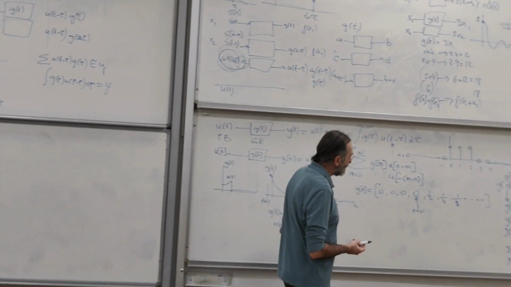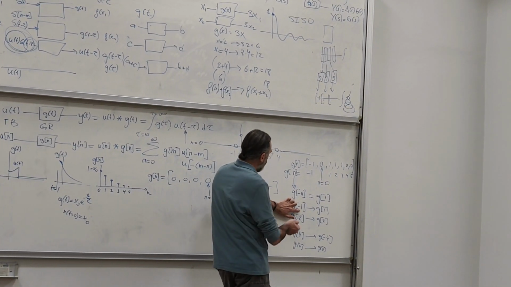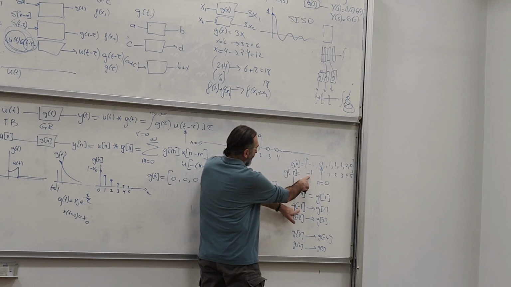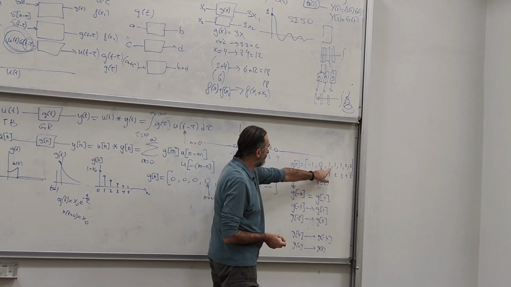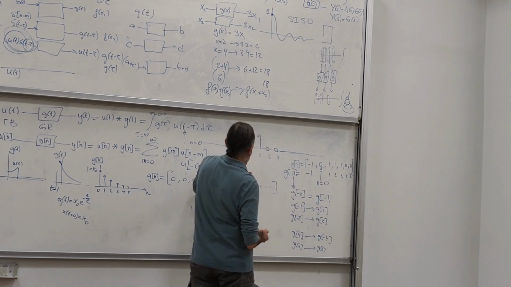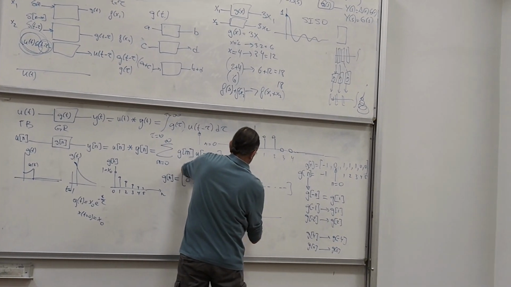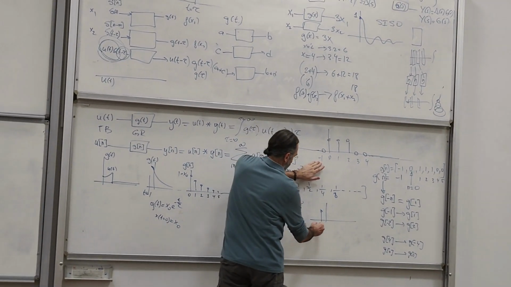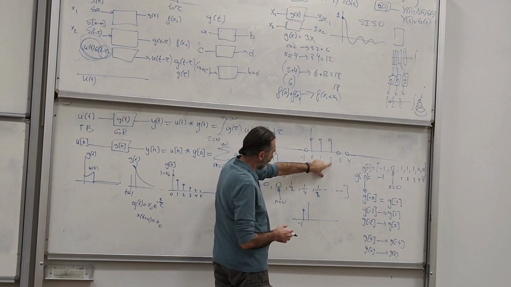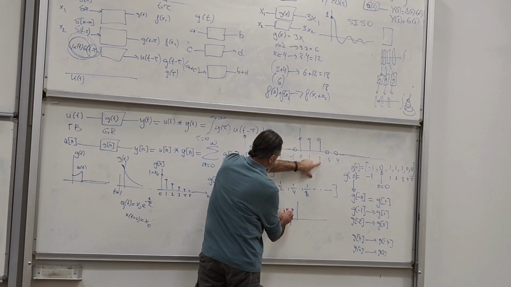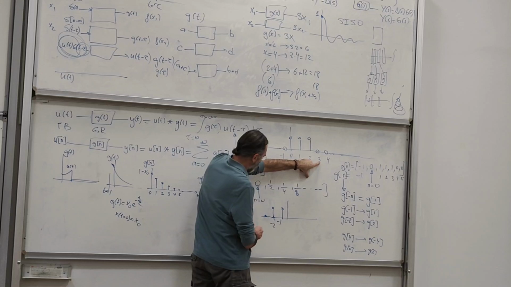Now I know that g of, let's say, minus 1 is 1. But now I'm looking into g of 1, and what is that? 1. So my g of minus 1 is going to turn into 1. G of minus 2 is going to turn into g of 2. G of minus 3 is going to turn into 0.